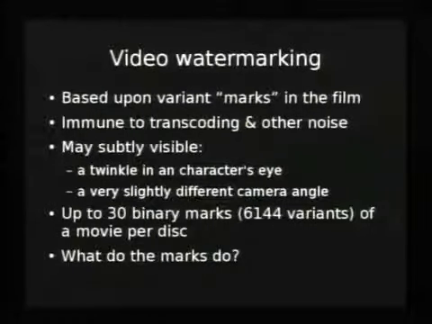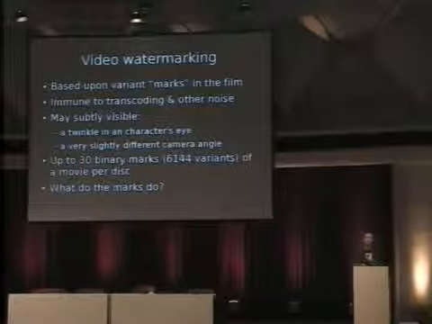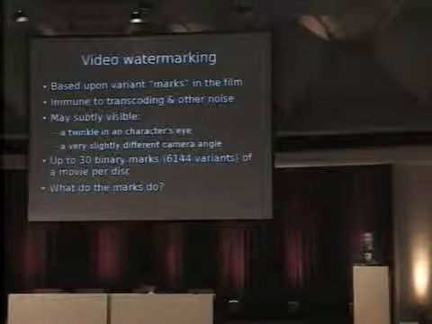To illustrate what these marks might be, they may actually be visible. So one idea for such a mark is you have a character on screen talking, and in the marked version of that moment, there's a twinkle in the character's eye. And in the unmarked version, there's no twinkle. Or maybe another example is that the same scene is shot, but from a very slightly different camera angle. This would be most applicable if you were doing rendered DreamWorks style films.